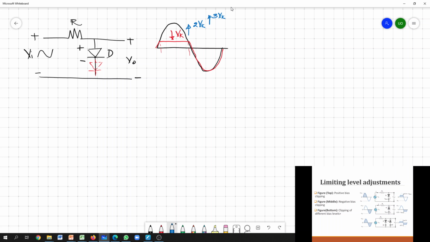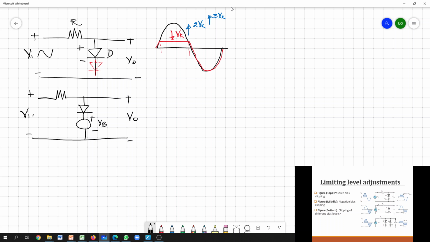So what happens if, rather than adding this series set of diodes, we modify the circuit to this model? So we have a diode here, and then we have a fixed DC source here, VB. So this is the output and this is the input.